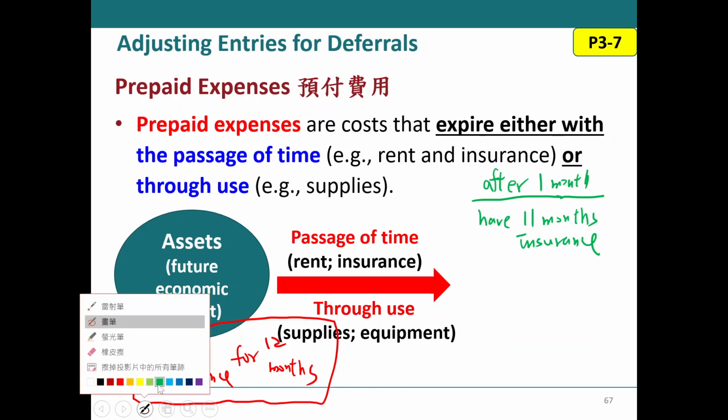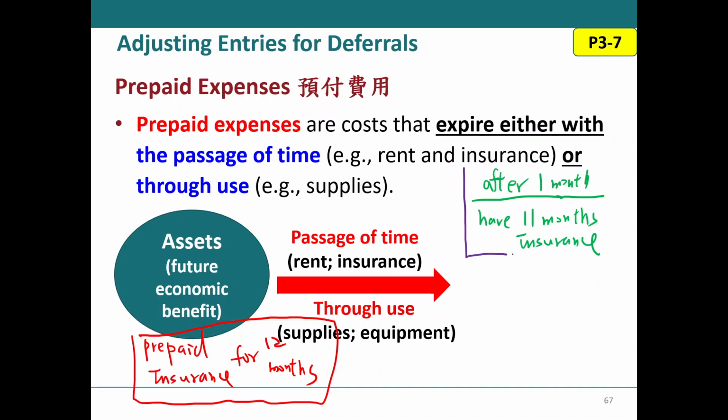So there's a result: after 1 month, you have only 11 months of insurance. That means after 1 month, you used your insurance for 1 month, right? That's why I have only 11 months.